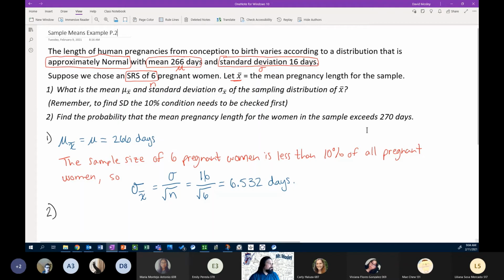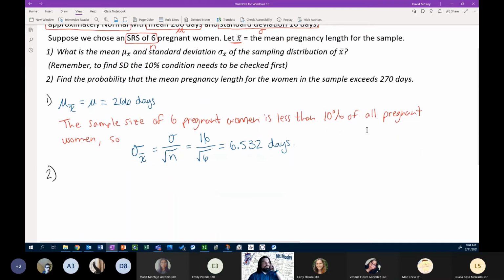Number 2. We need to find the probability that the mean pregnancy length for the women in the sample exceeds 270 days. To do this, we want to find the probability that X bar is greater than 270. That's the problem we're trying to solve.